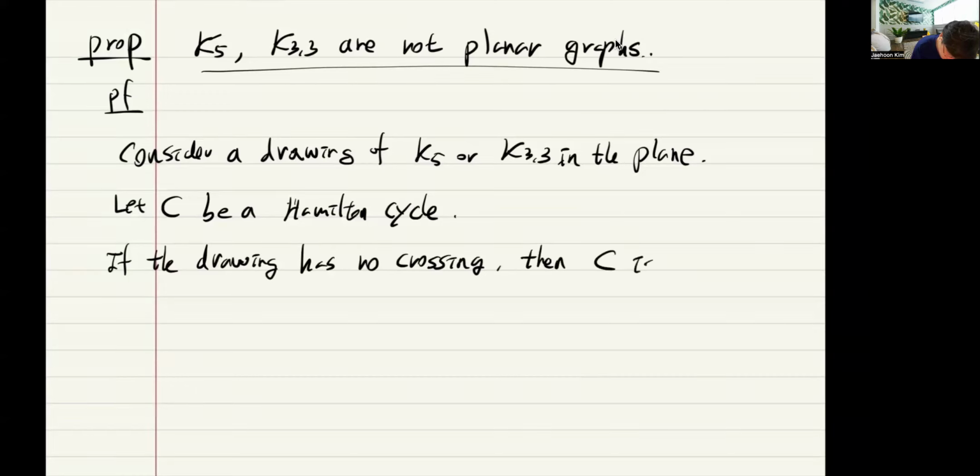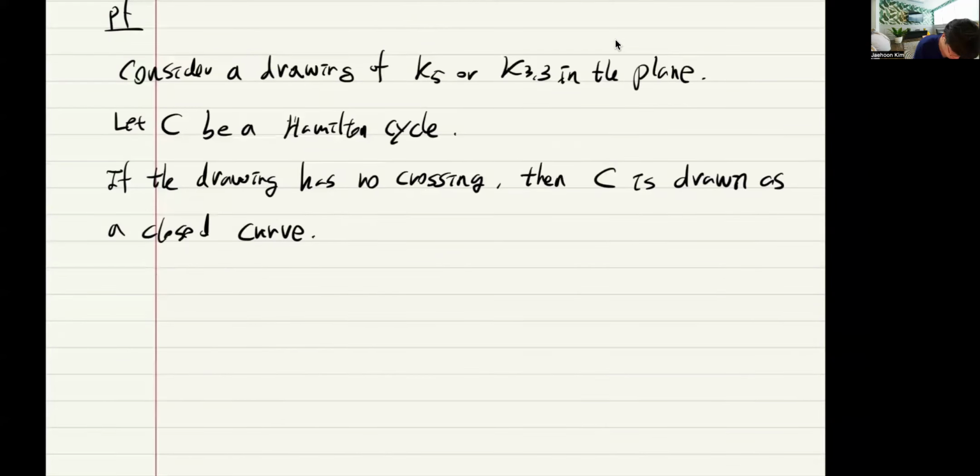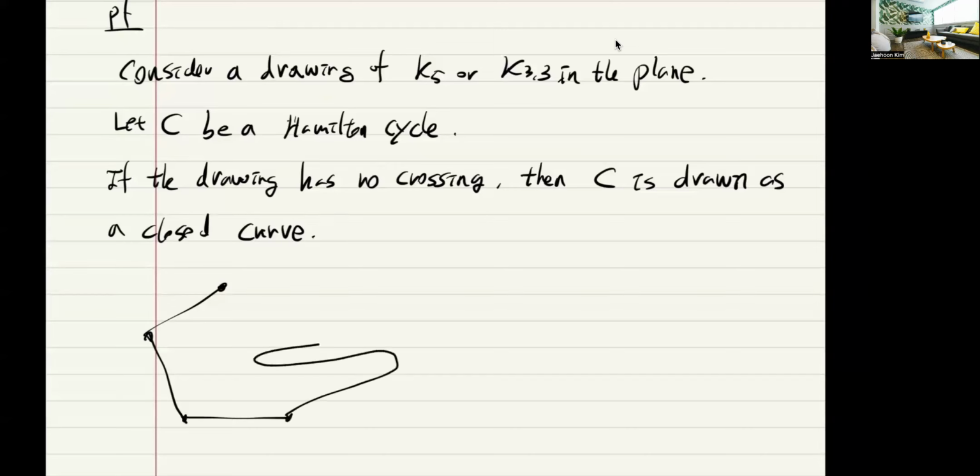Then C is drawn as a closed curve. So for example, in K5, there is no point in drawing it in a too complicated way. So it's drawn in this way. So this is a closed curve.